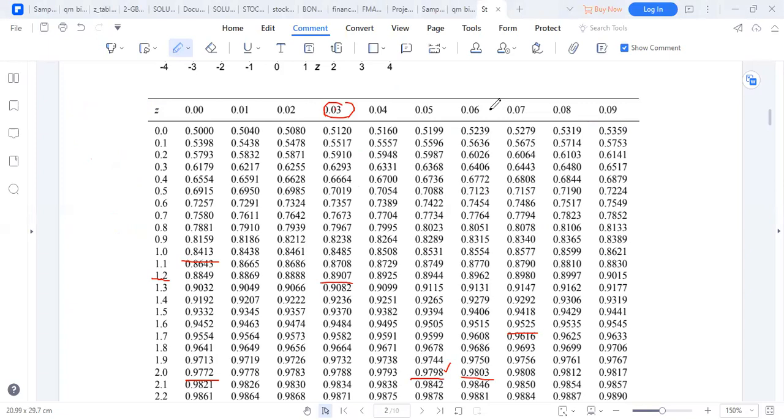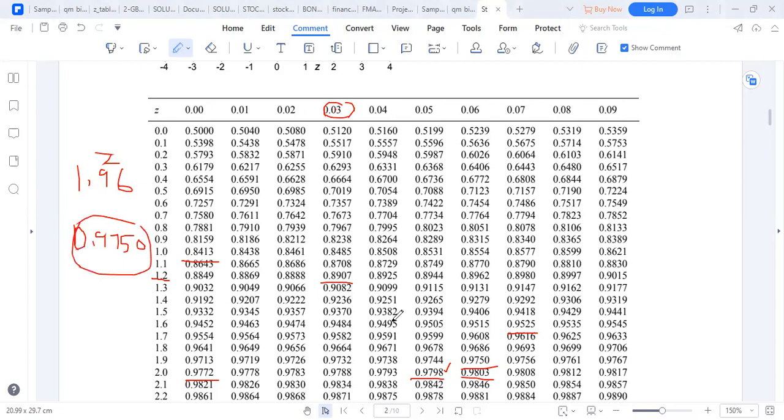If I ask you what is the reading for 1.96, the z for 1.96, you go under 1.9 and 0.06, which is 0.9750.